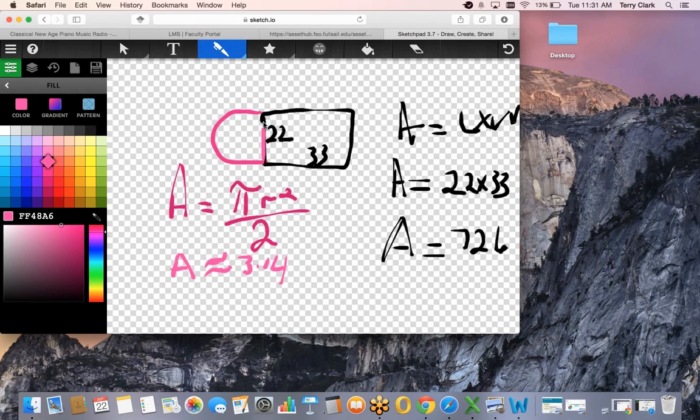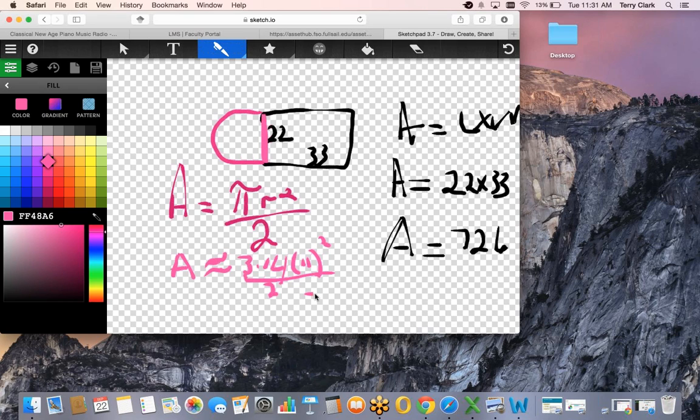If we look here, the diameter of the semicircle is the same as the length of the rectangle, 22. So the radius is going to be 11, and that's going to be 11 squared. All that's going to be divided by 2.